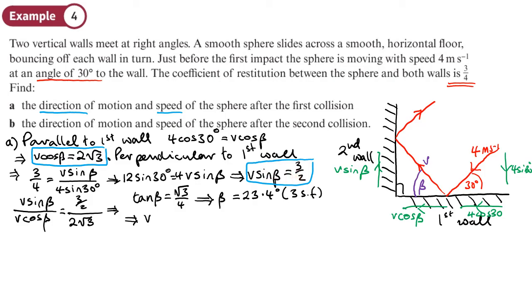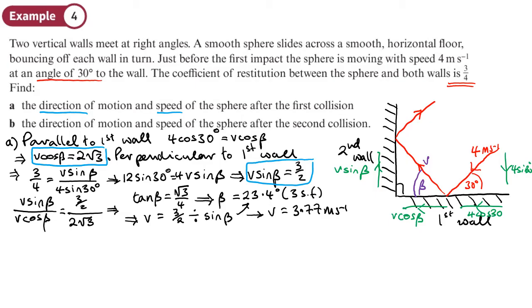So v equals 3/2 divided by sine beta, which is basically going to be that. I'm going to use the answer button. So we'll have 3/2, 1.5, divided by sine, and I'm just going to press the answer button, and then I get 3.77 meters per second, 3 significant figures.